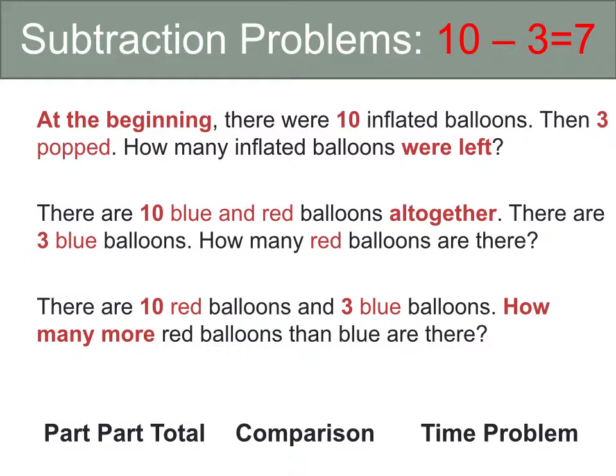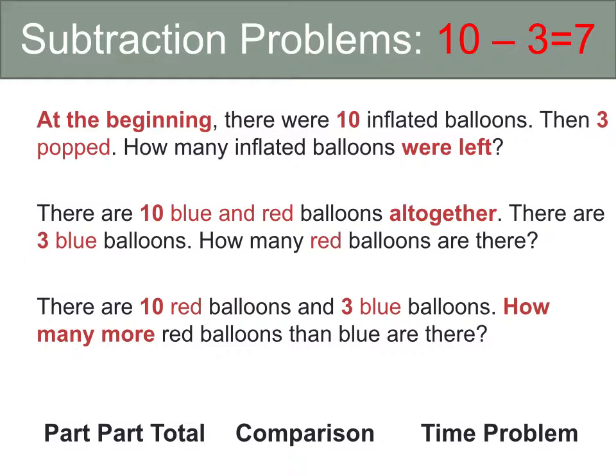Those are typical one-step subtraction problems. You can assign these problems to the 3 groups discussed earlier. In the first problem, there were balloons and then some of them popped.